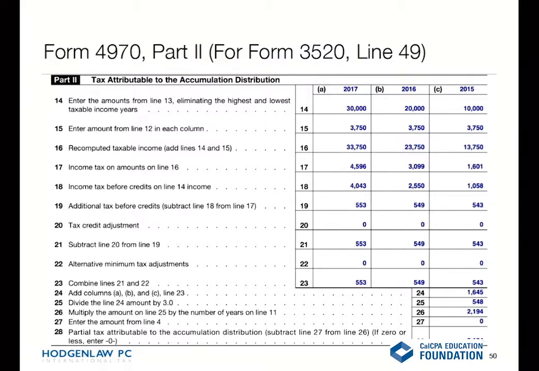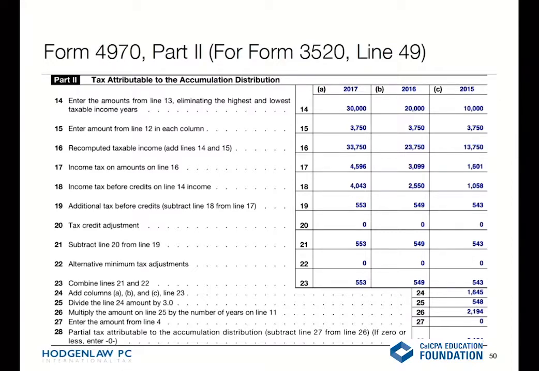In other words, it's a slightly different number because it doesn't include credits. And then the difference between those gives you your, quote, additional tax before credits. If there's a tax credit adjustment, you put it there on line 20. If there are alternative minimum tax adjustments, you put them on line 22. I'm just assuming we don't have those. And then we end up with these numbers here on line 23.